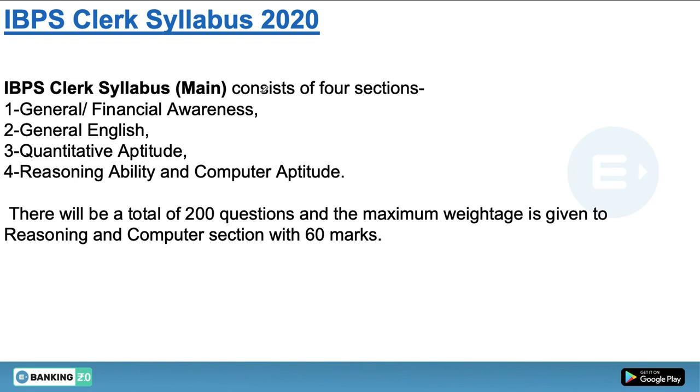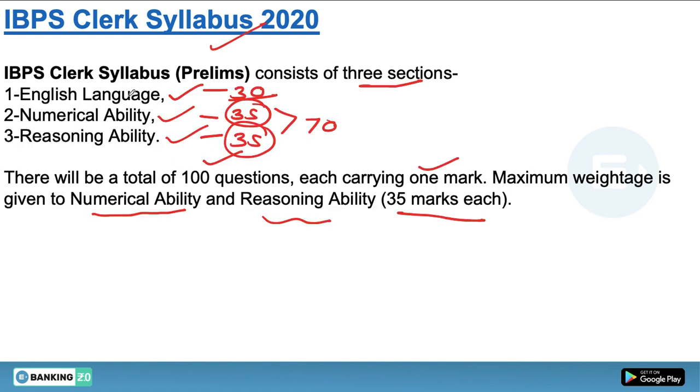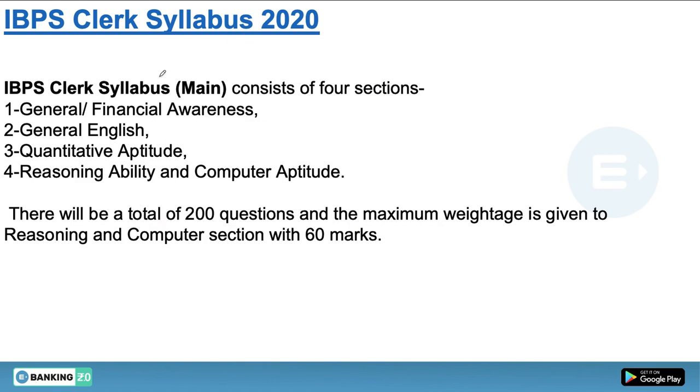Now, since I've told you about the prelims examination, let's have a discussion on the mains examination. The IBPS Clerk syllabus for the mains examination consists of 4 sections. As prelims was of 3, this is of 4. Those 4 sections are general and financial awareness, general English, quantitative aptitude, reasoning ability and computer aptitude.